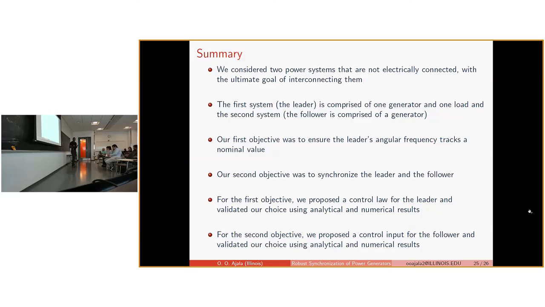Our second objective was to synchronize the leader and the follower. For the first objective, we proposed a control law for the leader and validated our choice using analytical and numerical results. And finally, for the second objective, we proposed a control input for the follower and validated our choice using analytical and numerical results. Thank you.